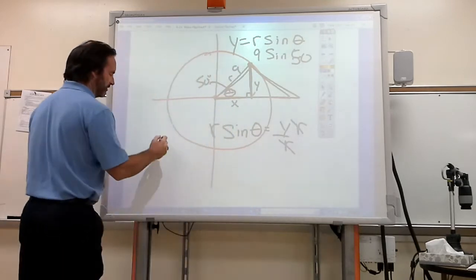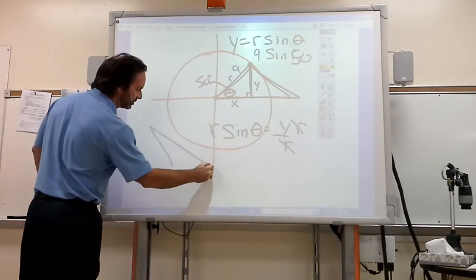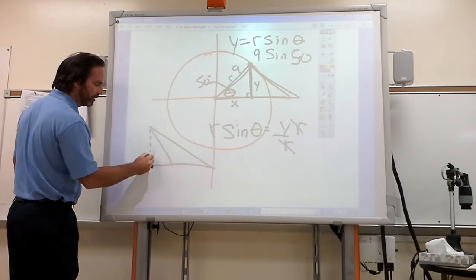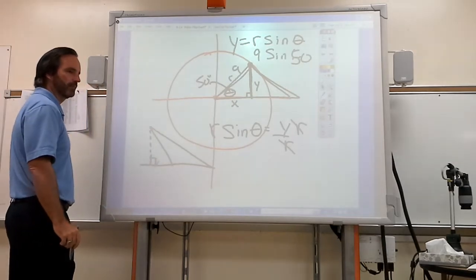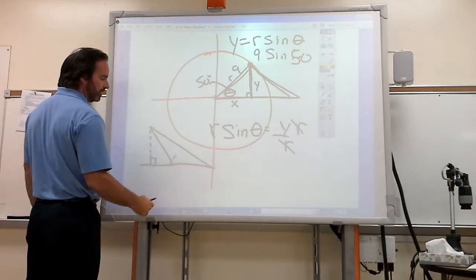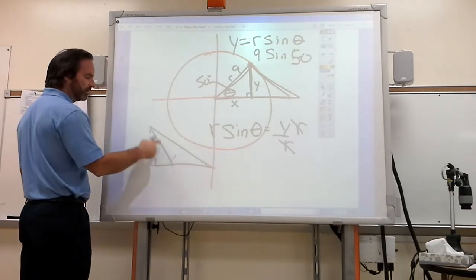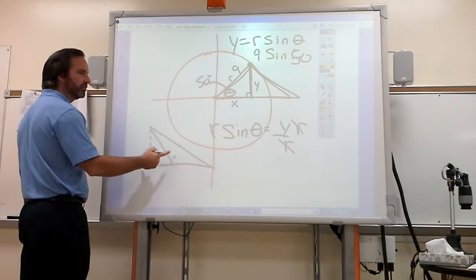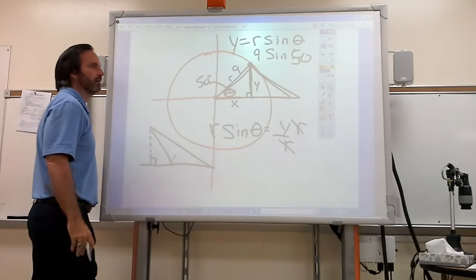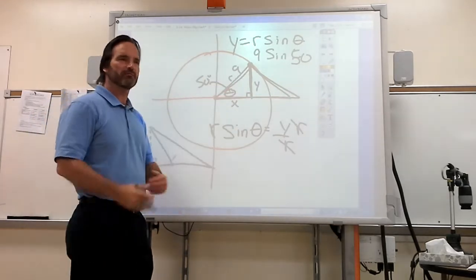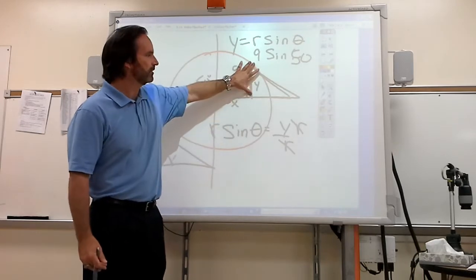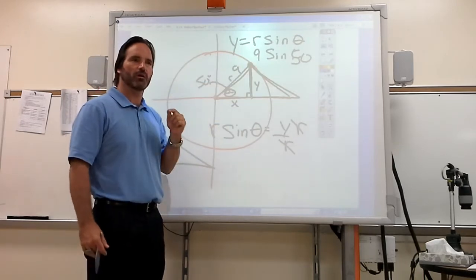Remember, if you've got an obtuse triangle, it's the extended base. Here is your height. If this is the unit circle, this still works. The sine's still positive in quadrant 2 or 1, even though we're over here. So remember, r sine theta, that'll be my y component. That's going to be the height or altitude of a triangle.